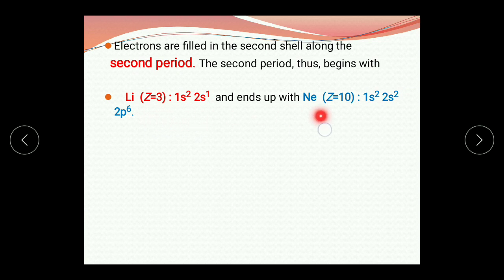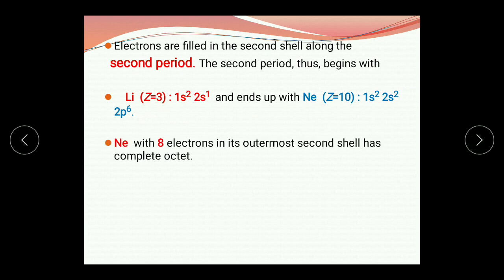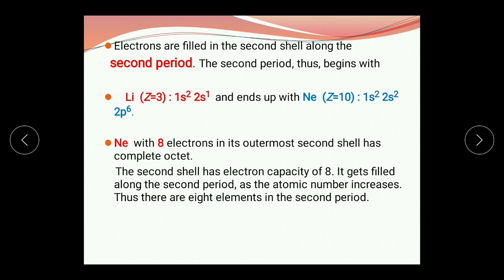So second shell, first member is lithium, last member is neon. Neon with 8 electrons in its outermost second shell is complete. The second shell, which is the outermost shell, is complete with 8 electrons. That means the shell has completed its octet. And according to the octet rule, neon has a stable electronic configuration.